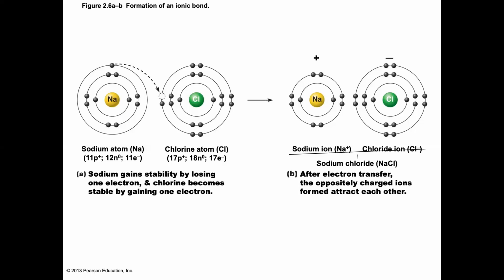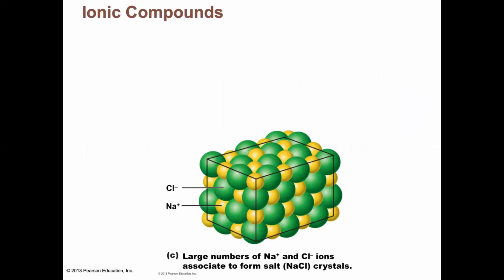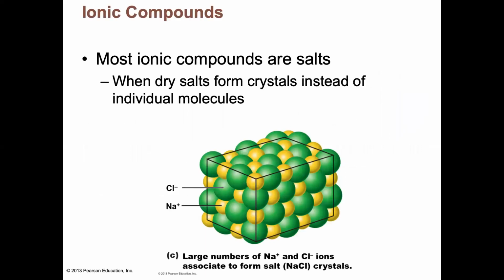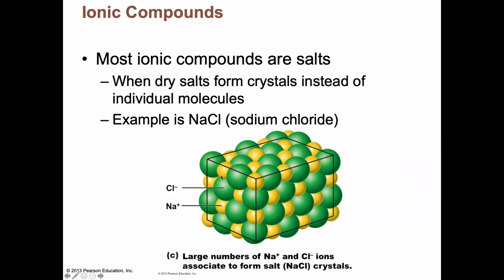Okay? If you look at a salt crystal under a magnifying glass, you'll find that it's a cube. And that cube is actually made up of a bunch of little cubes all stacked together. And you'll notice that the negative charges and the positive charges are all interspaced with each other. And that's so they can hold each other together in that shape.